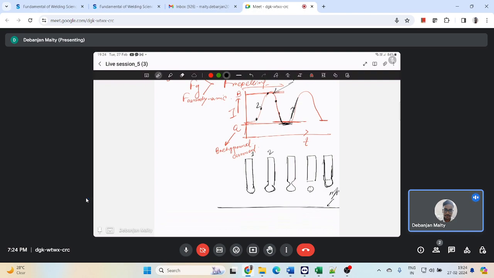The deposition efficiency is very low here, because the detachment of the droplet will be very delayed.